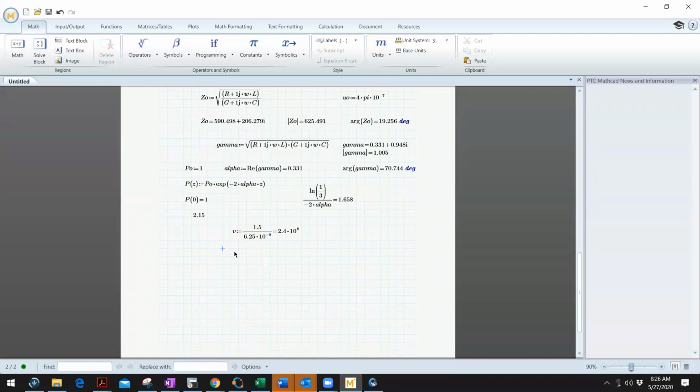I've got to put f equals 2.4 gigahertz. Omega equals 2 times pi times f. And then beta is equal to omega divided by V, and that is phase velocity.